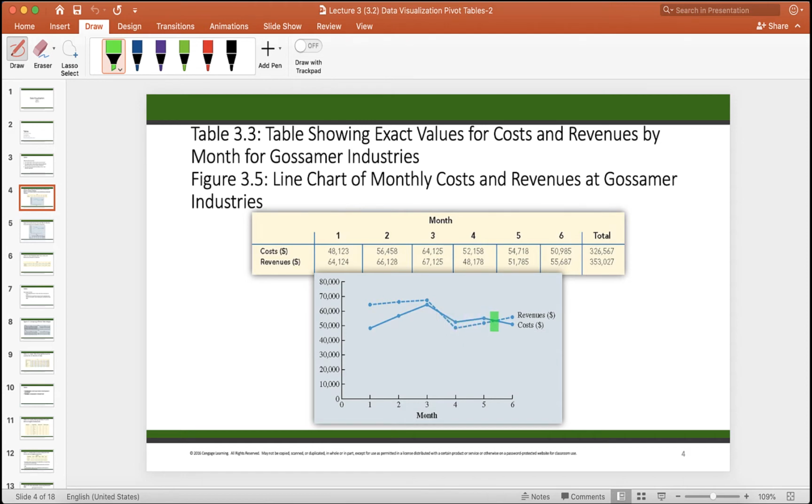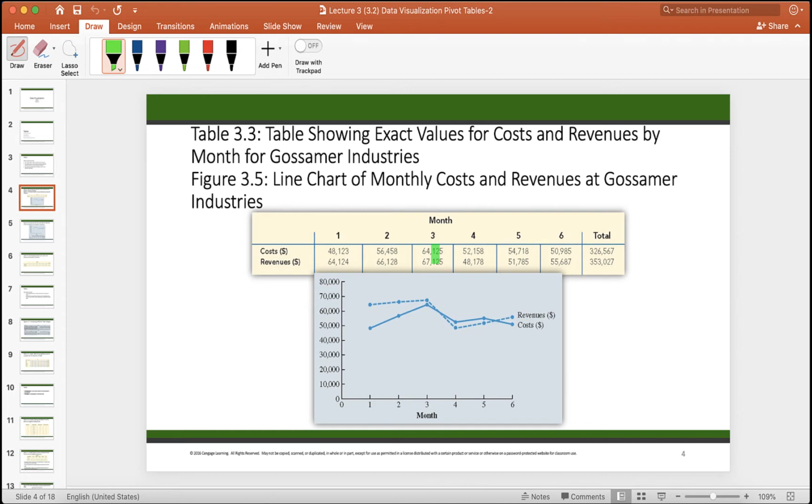And then this point here, then revenues again exceed costs. So I can see that fairly quickly, very easily. Much harder to see by looking at those numbers in there. So this is a good illustration why charts show you good relative differences, but they don't show you the specific differences. For that, you need to look at the table.